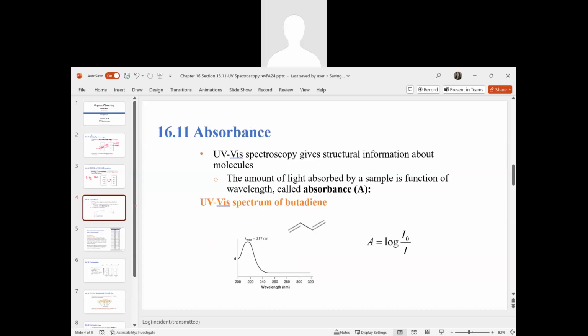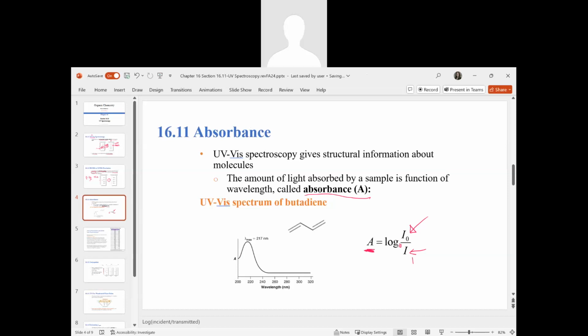Now let's talk a little bit more about what is happening. We know that absorbance is the value that is generated based on light transmitting through a sample. What we see here is the equation of what absorbance is. The value that's generated is actually the log base 10 of the incident light, the light that hits our sample, divided by the amount of light that's transmitted.